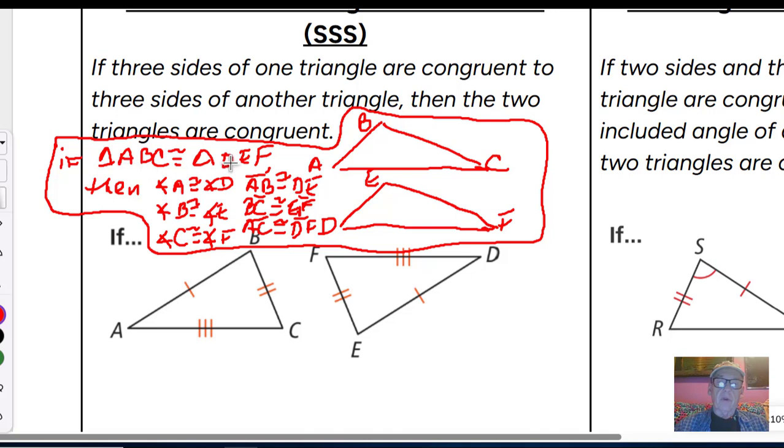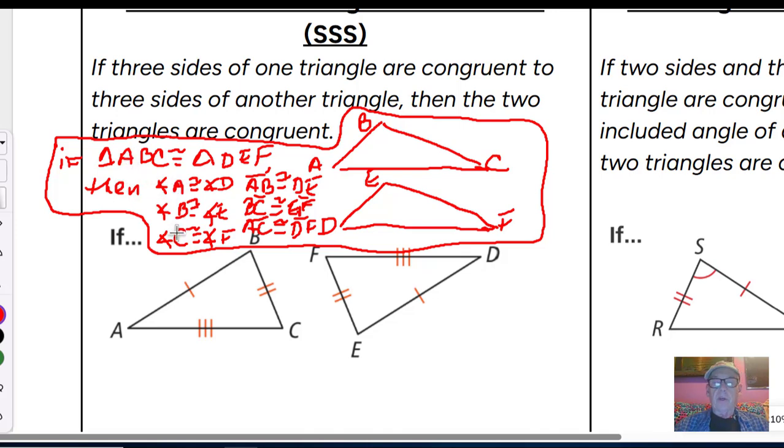So if two triangles are congruent, then their three corresponding angles are congruent, and their three corresponding sides have to be congruent. So there's actually 6 congruence relationships that are given by the order of the congruence statement. You should be able to match them up.